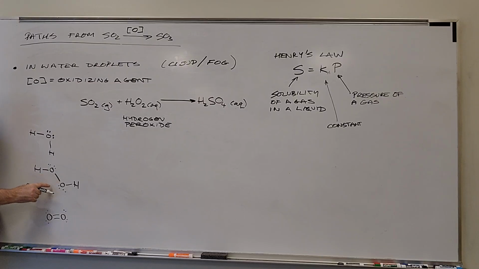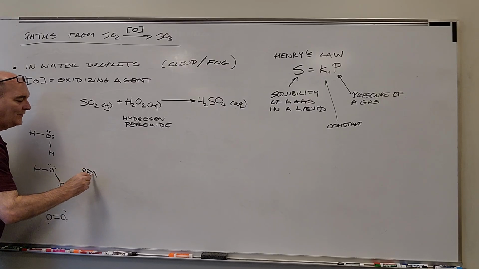is very unstable. An oxygen to oxygen single bond is not a good bond. Double bond, good bond. Two single bonds to something else, good. But a single bond to itself is unstable, which means this is reactive.